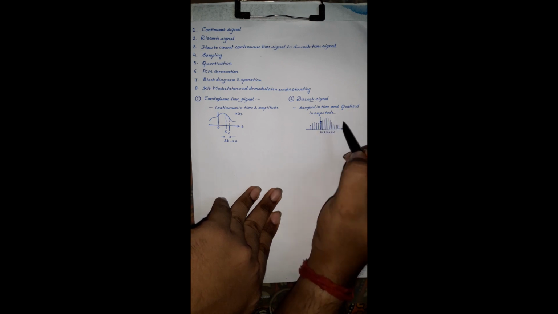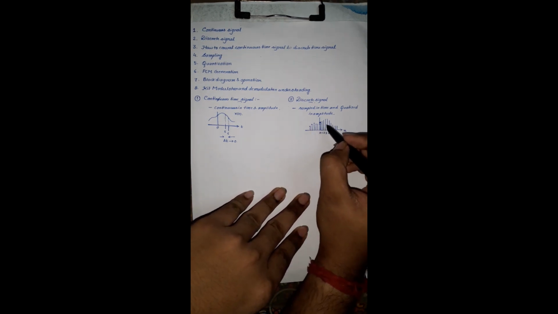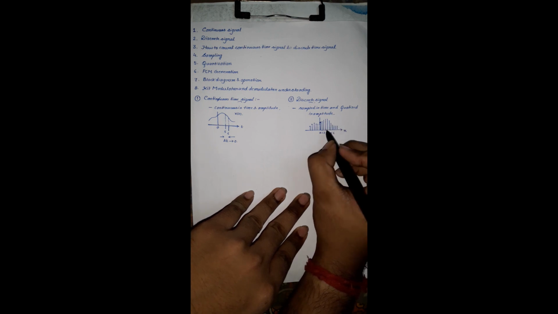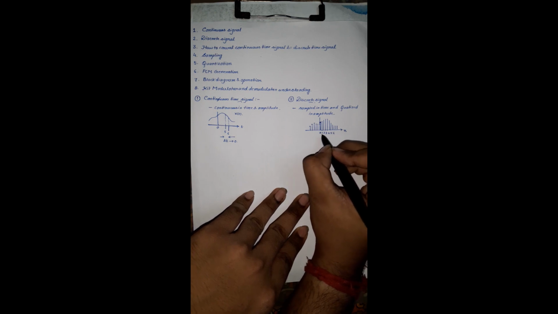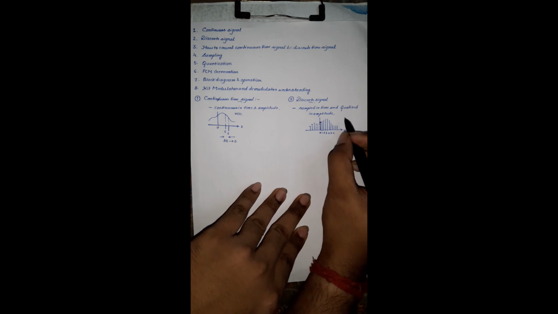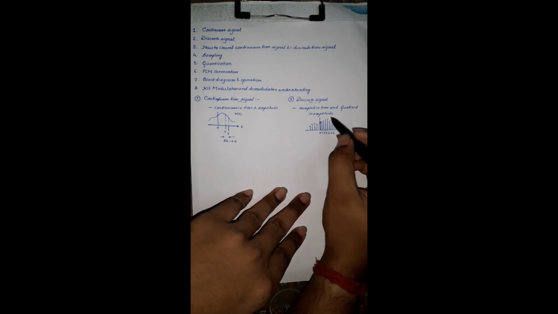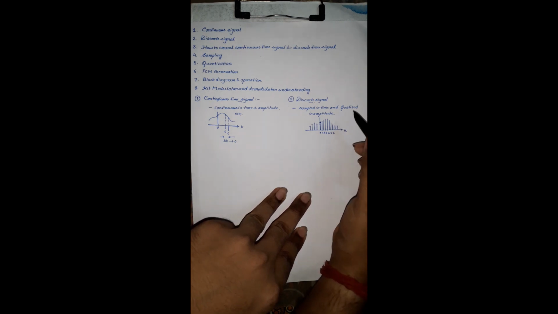For now just understand this. I will tell you later what quantization and quantized values are. But for now, at each discrete time interval we can find a particular value of this signal, and that value is called the quantized value.